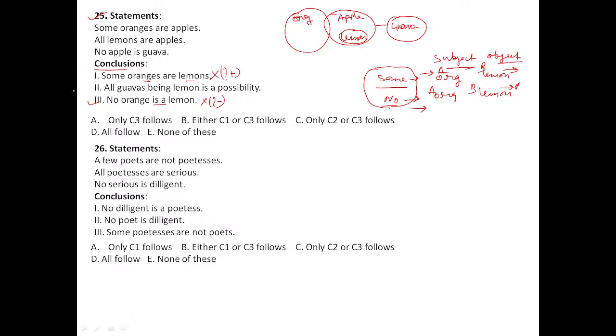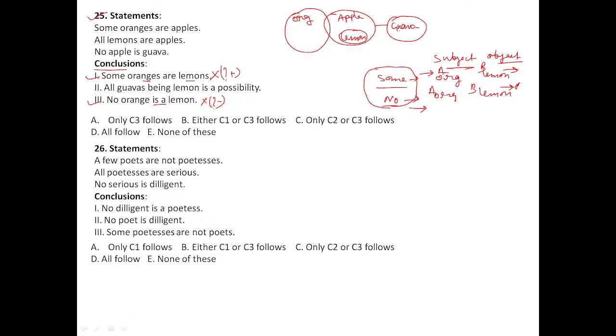Now check: all guavas being lemon is a possibility. Not possible. Why? Because all lemons are within the specified area of apple itself, and no apple is guava.